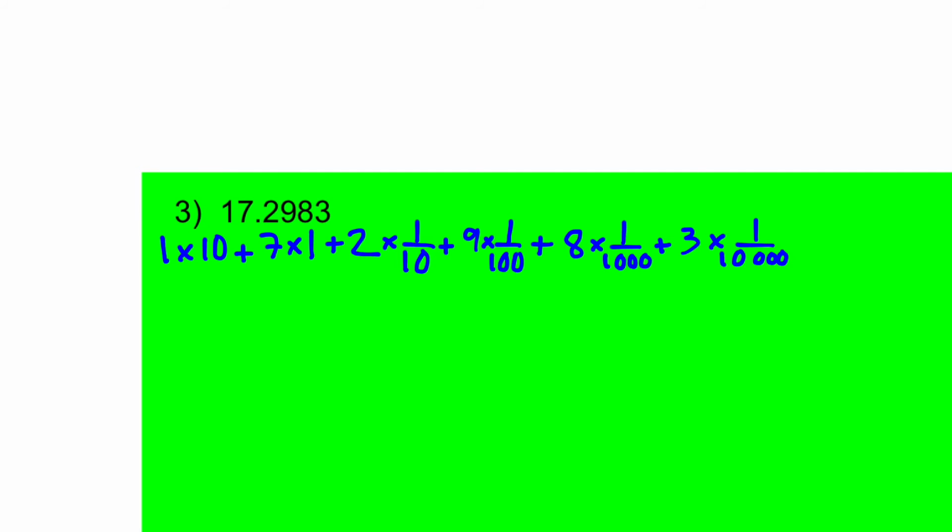That's a bigger one. Okay, last one. 7 and 3,006 10,000ths.